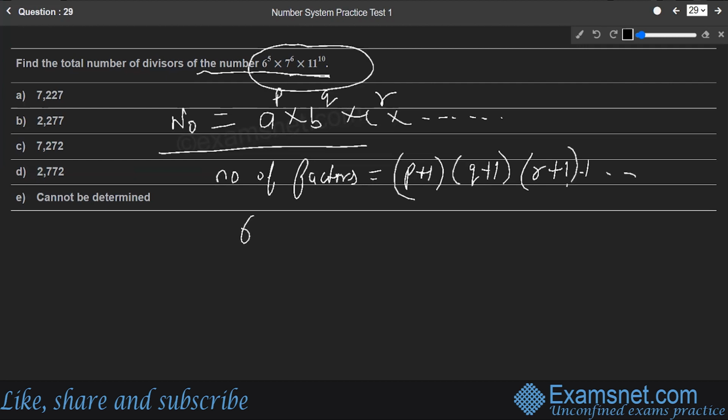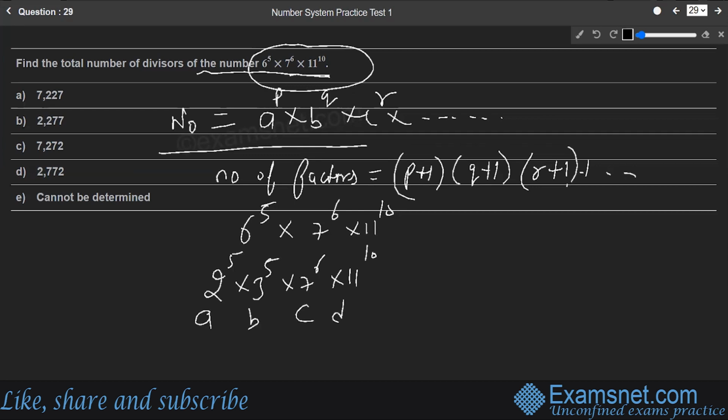So this is the expression, 6 to the power 5 into 7 to the power 6 into 11 to the power 10. 6 is obviously not a prime number, so we will have to break this. This is going to be 2 into 3. So 2 to the power 5 into 3 to the power 5 into 7 to the power 6 into 11 to the power 10. Now we have got our a, b, c, and d. So we can use this formula p plus 1, q plus 1, r plus 1 in the product.